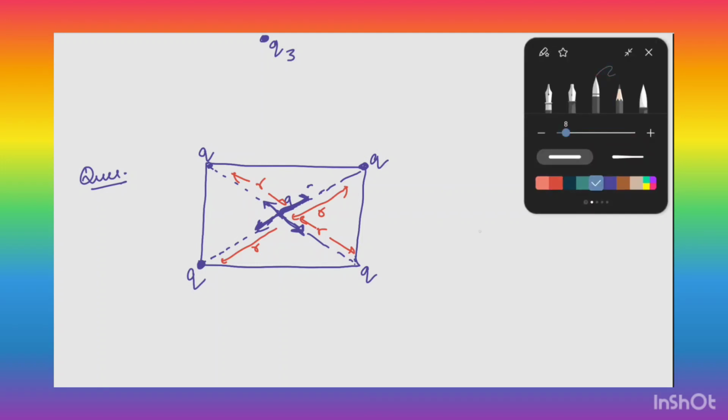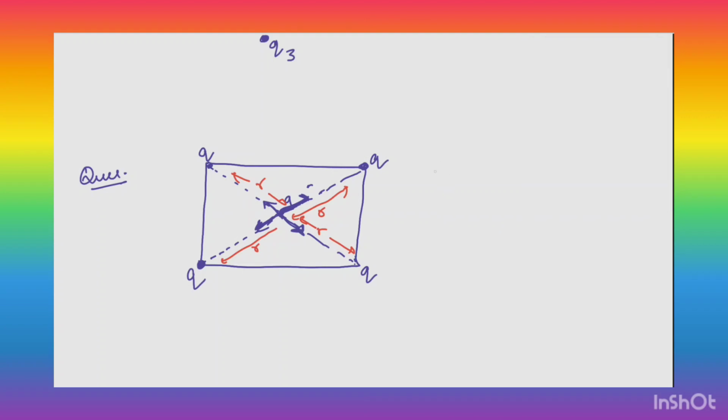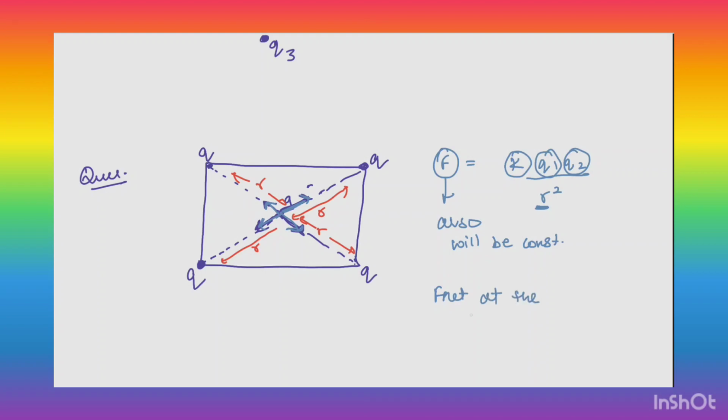As we know, formula of force between any two charged particles is force is equal to k into q1 into q2 upon r square. This r is constant, q1 and q2 is constant, k is constant, therefore the force will also be constant. Equal and opposite forces acting between the two charged particles, therefore they nullify their effect. Therefore the F net at the center of the square will be equal to 0.